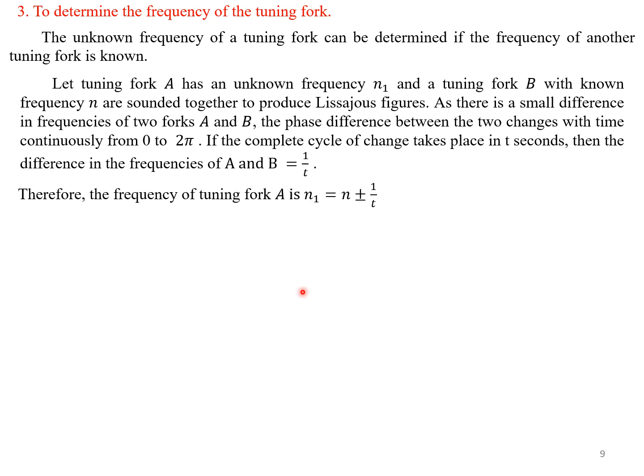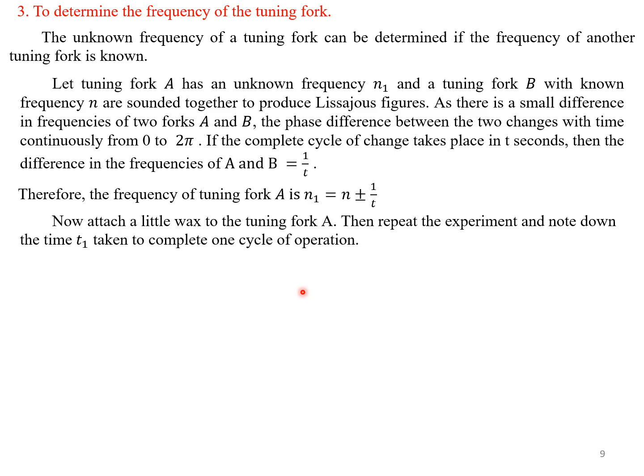Now, attach a little wax to tuning fork A, then repeat the experiment and note down the time t1 taken to complete one cycle of operation. If this t1 is less than t, then the frequency of tuning fork A is n1 is equal to n plus 1 upon t.